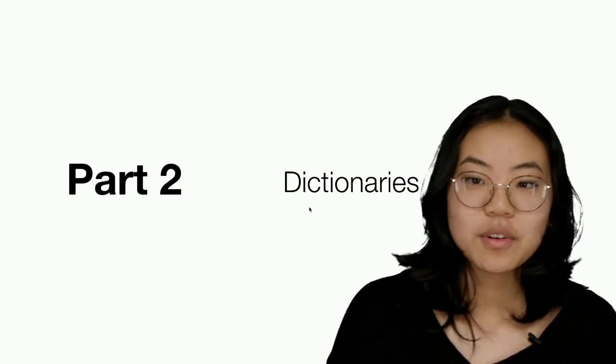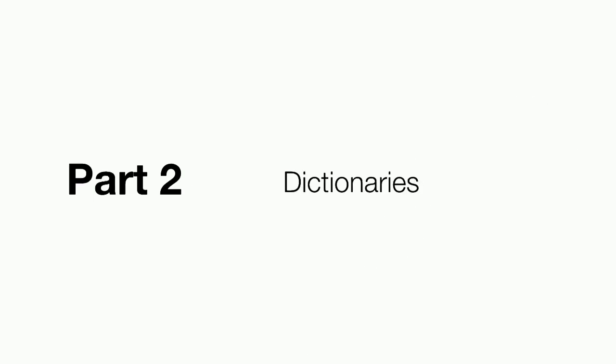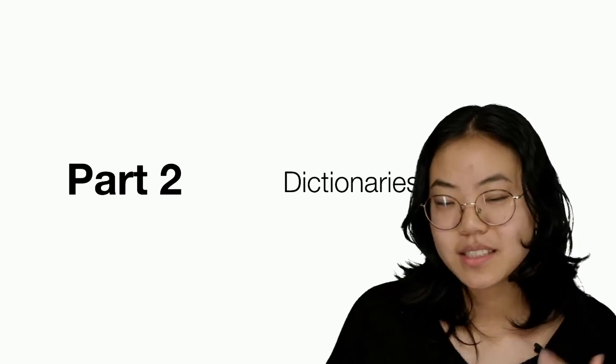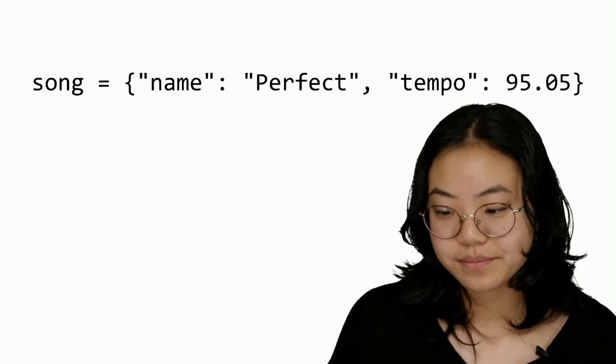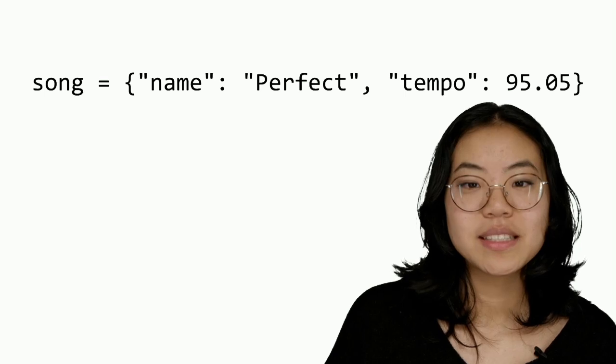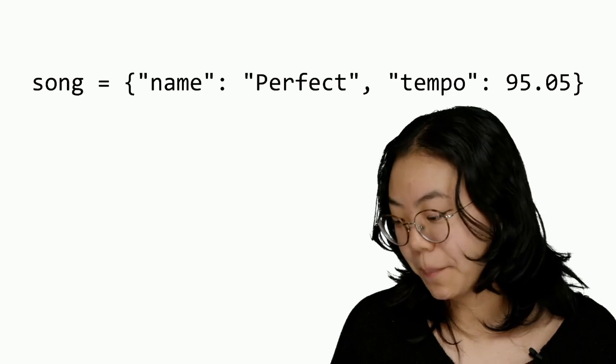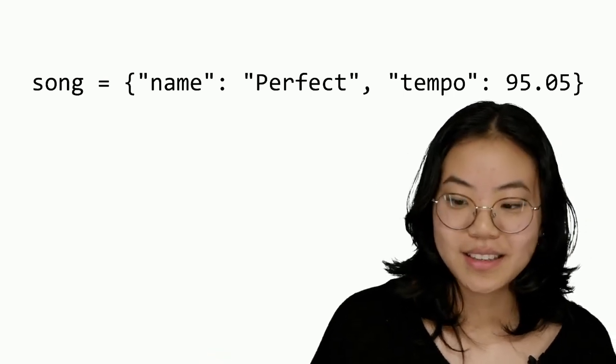Okay, so now we're going to move on to some of the new functionalities that we have in Python, one of which is a thing called dictionaries. And so this is a new way for us to store some data. Let's maybe consider I'm trying to store some songs that I really like.